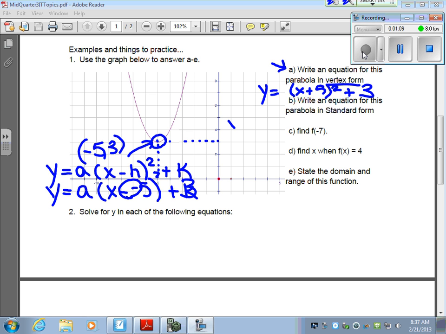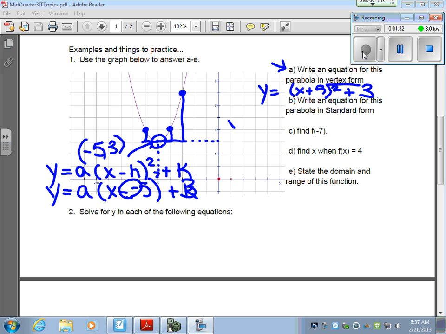And then I check to see if a is just normal a or if I'm going to have to go find a. And I see here that when I go up 1 and over 1, I get back on that line. Or if I go over 2, I go up 4 and I'm back on the graph. So that means a is just a value of 1.